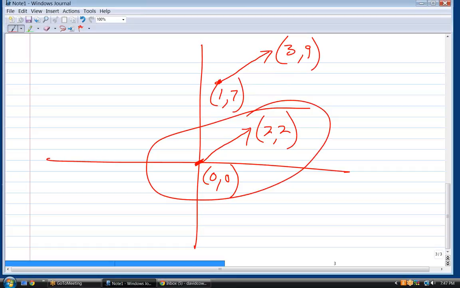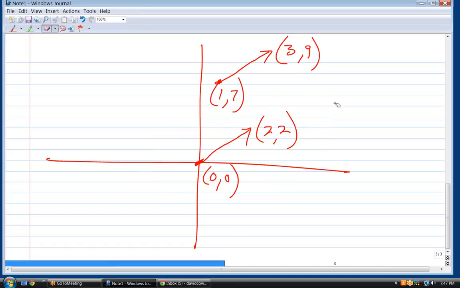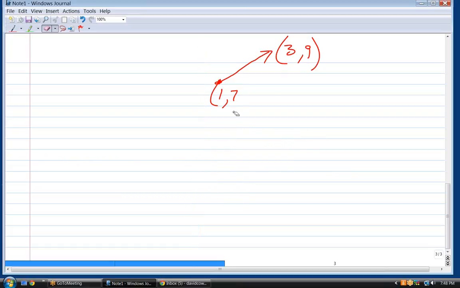That's a fairly important concept when talking about vectors, being able to come up with the component form of the vector, which means one side starts at the origin. Okay? All right, what's the next problem you got?